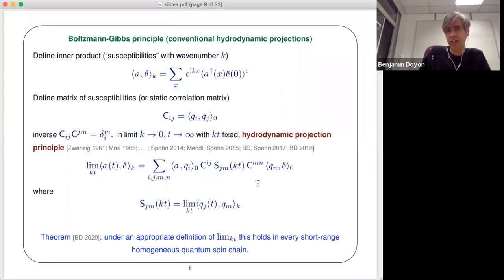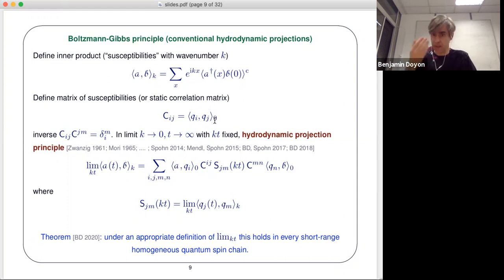What changes is, well, what are these Qi, these conserved quantities? For integrable models, there are infinitely many. For a chaotic model, maybe there's just one, the energy, in a quantum chain, or something like that. And what is their overlap in the thermal state that you're looking at? But formally, same formula.